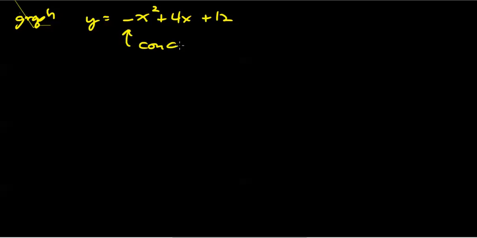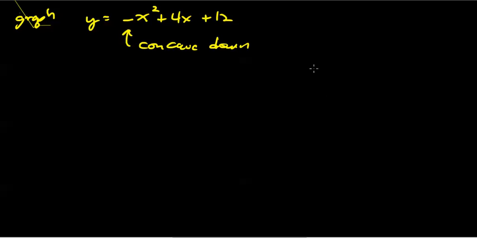If I ask us to graph a parabola that looks something like this, well, as we know, if the lead coefficient is negative, it's going to be concave down.